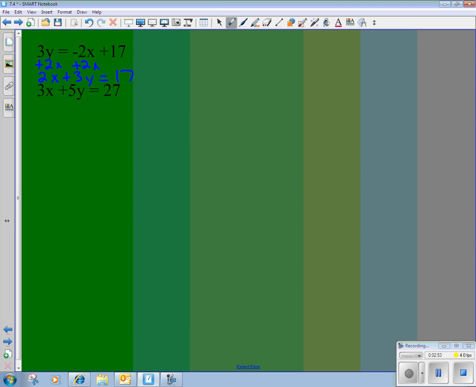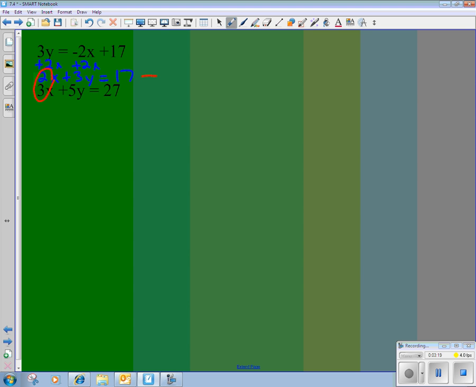Now this one's even a little bit more difficult because you now have to multiply both. You can see that you can't multiply the first one by some number to get the second one right away. So we do have to multiply each one by something. I look for my smallest set of numbers. 2 and 3 are the smallest ones, and I want to figure out what I can multiply each one by to get a common number.